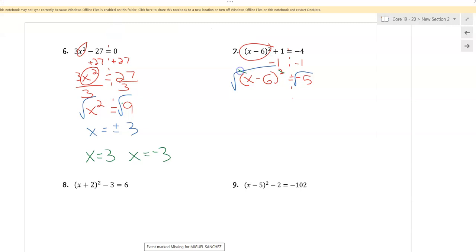The squared and the square root cancel out, so I'm left with x minus 6 equals the square root of 5 times the square root of negative 1. So x minus 6 equals plus or minus square root 5, square root of negative 1 is i. So I'm going to write my two answers.